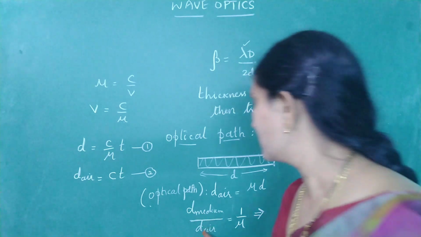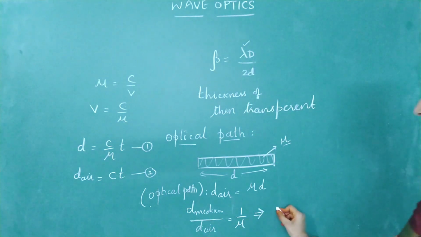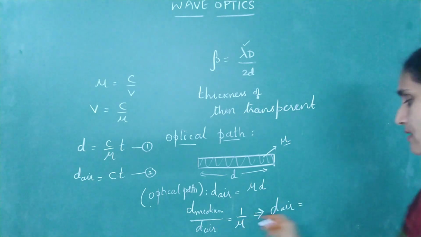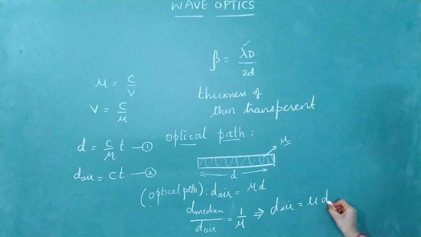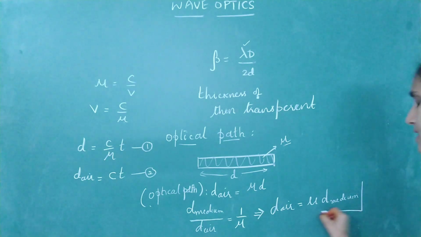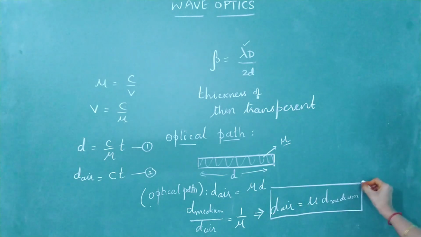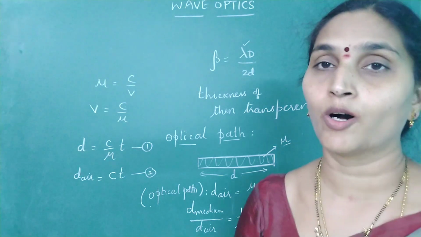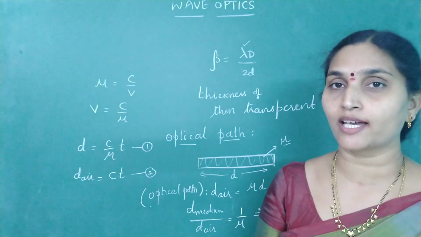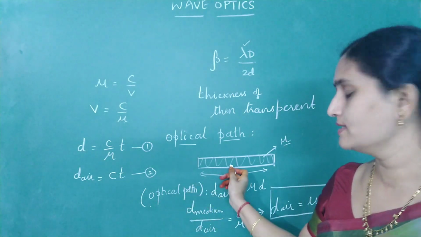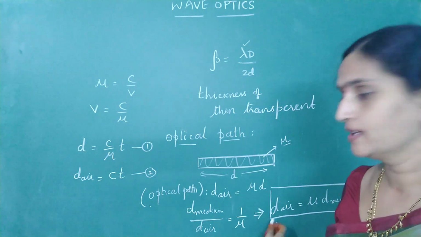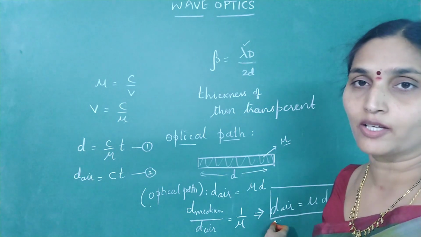This implies the equivalent distance light travels in air is mu times the distance it travels in the medium. And we call this equivalent distance travelled by light in air the optical path. So remember this formula: optical path is mu times the distance light travels inside the medium. It will give you the equivalent distance light is going to travel in free space or in vacuum.